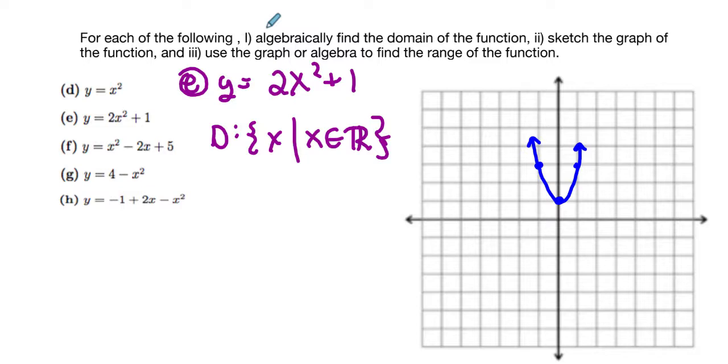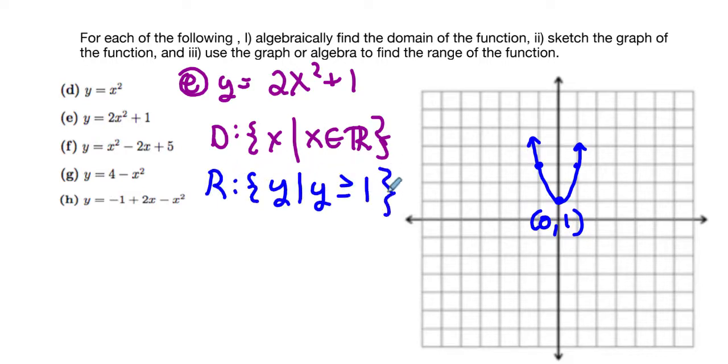Identify my vertex. From my graph, I can use my calculate minimum value to find that actual vertex, but that's one thing we do want to find. And it's easy to see from this graph, my vertex is at the point 0, 1. And so my range, my farthest down on my y I go is 1, and then I'm up from there. Therefore my range is y such that y is greater than or equal to 1.